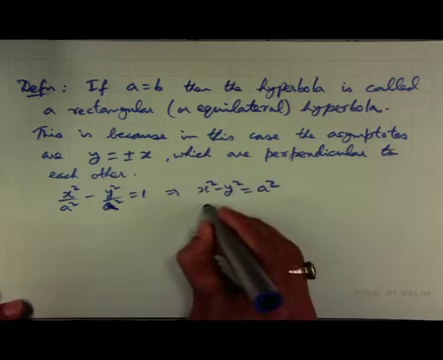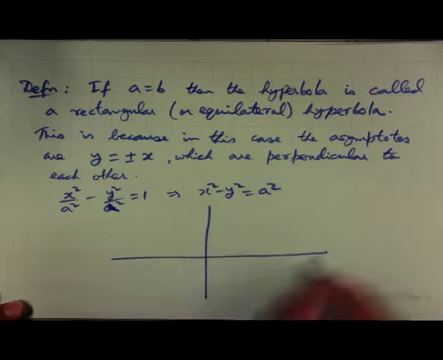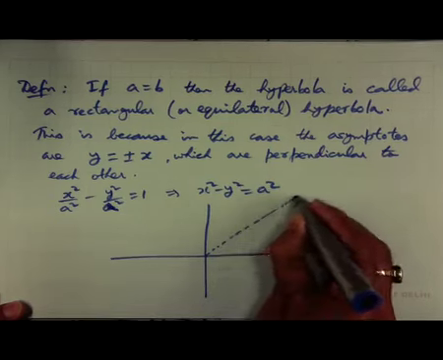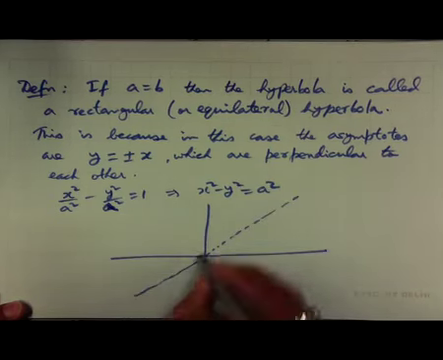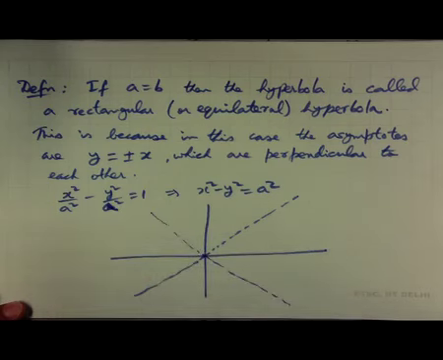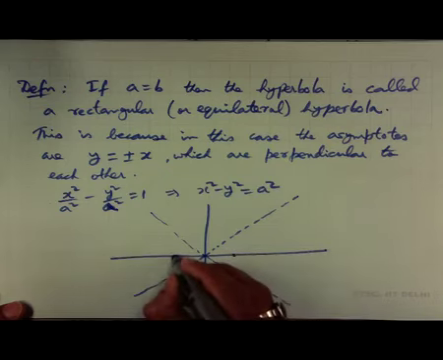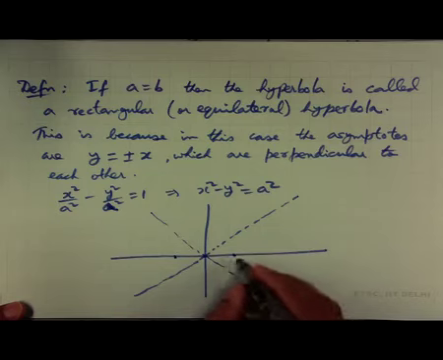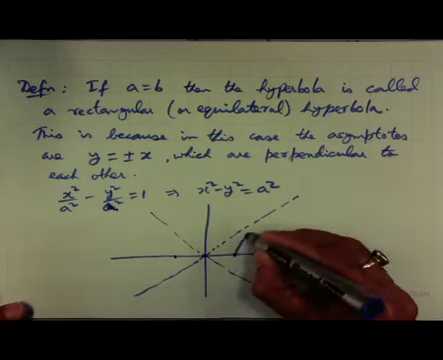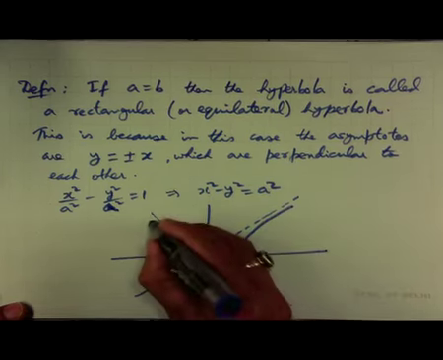So, if you draw this hyperbola, then here these lines y equal to x and y equal to minus x are the asymptotes, and we have this vertex a comma 0, and the hyperbola will have these lines as the asymptotes.